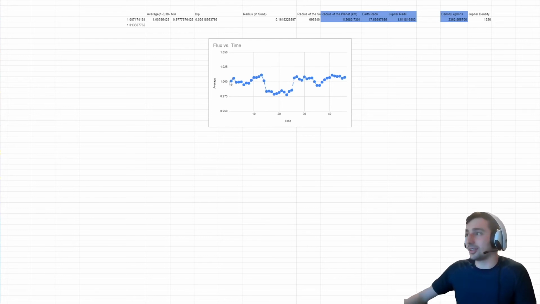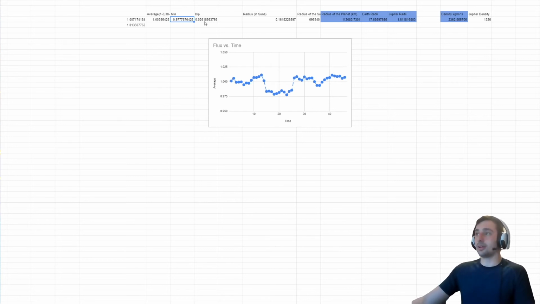So I took the average of these values and these values, all the pre-transit levels, and I subtracted the average of these values in the dip to find that it took about a 2.5% dip.